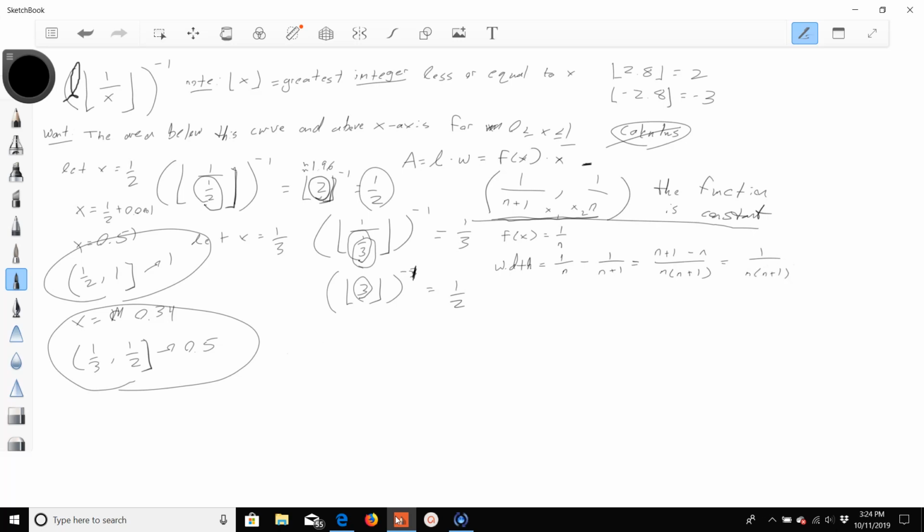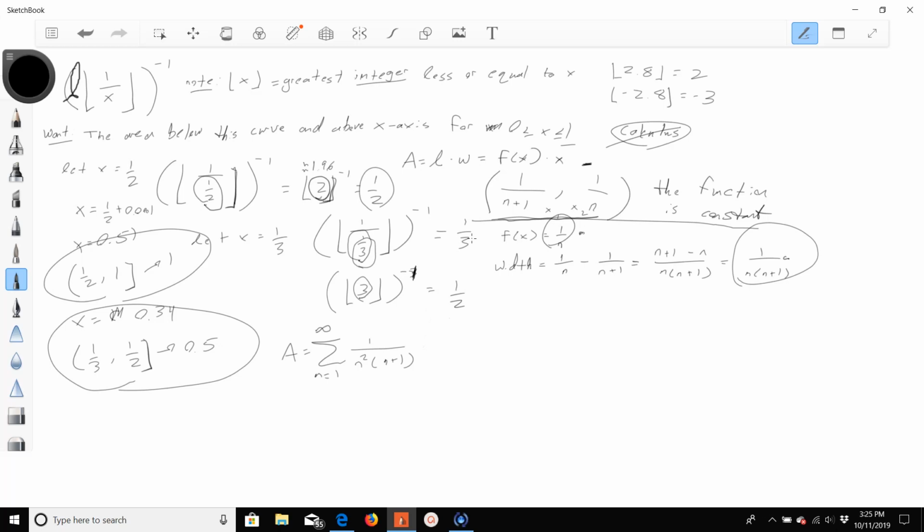Now, our height is 1 over n, and our width is 1 over n times n plus 1. So our area turns out to be the sum from n equals 1 to infinity, since there's an infinite amount of subintervals, an infinite amount of rectangles, of 1 over n squared times n plus 1. You know, this value here times that value there.